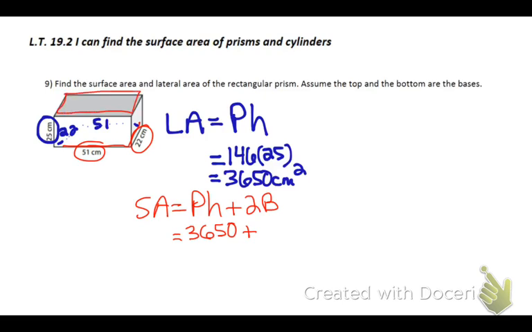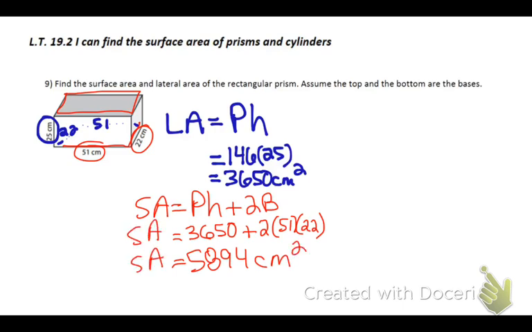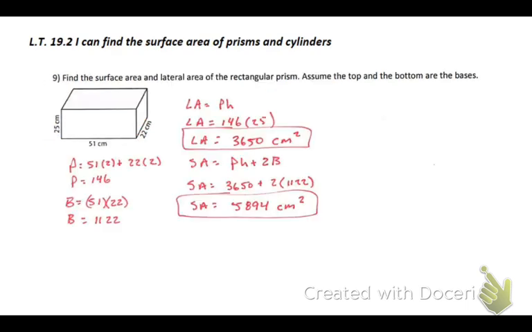So that means it's 2 times 51 times 22. I'm going to do 3650 plus 2 times 51 times 22. I get 5894. That would be square centimeters. Okay, let's see if I'm good. 5894 is what I got. Yeah, same as this person.